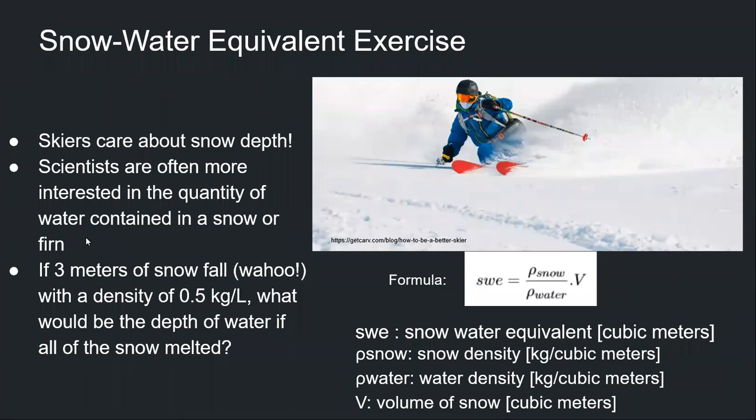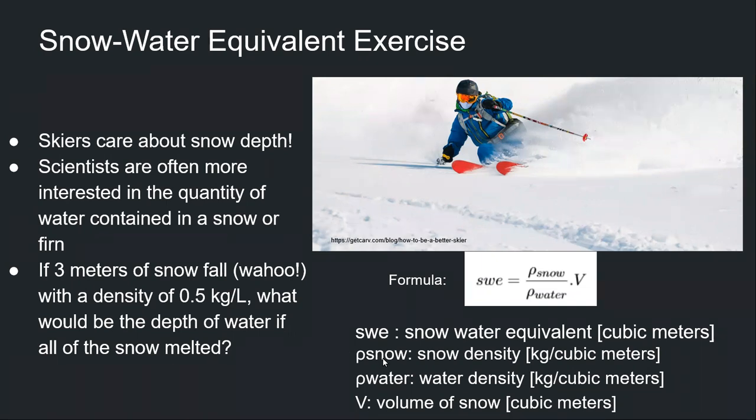If you were attentive to the last question, we are actually more in the realm of firn in terms of densities. But let's say that we have a density of half a kilogram per liter. Then you want to know the SWE, snow water equivalent. That is the amount of water that would be represented by the snow if we melted all of it.